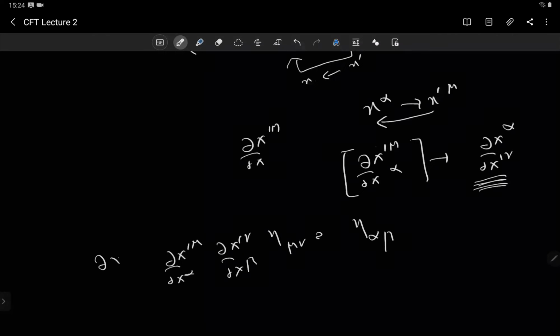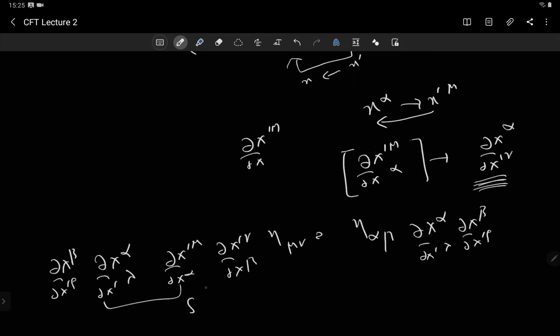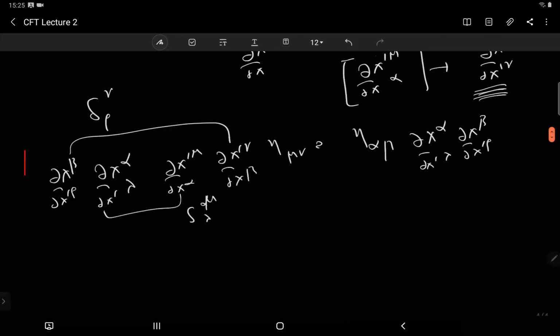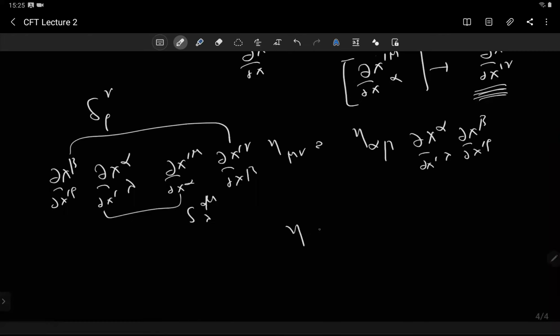So you just multiply this by del x alpha del x prime lambda, and del x beta del x prime rho, and then you see this is a Kronecker delta mu lambda, and this one will be delta nu rho, right? So therefore you will just get eta lambda rho equal to eta alpha beta del x alpha del x prime lambda del x beta del x prime rho.